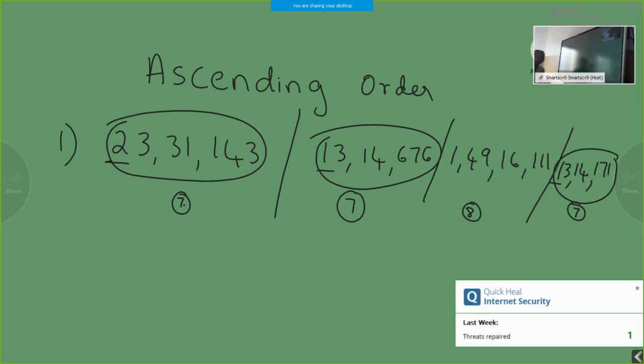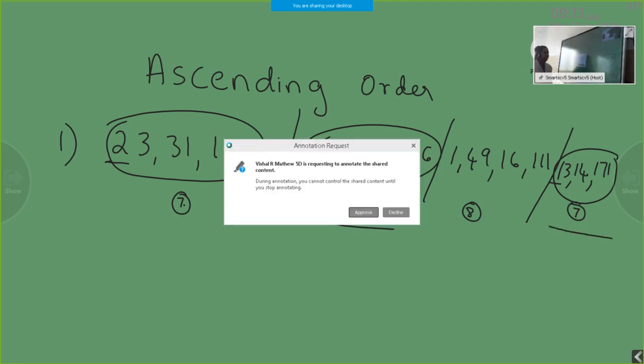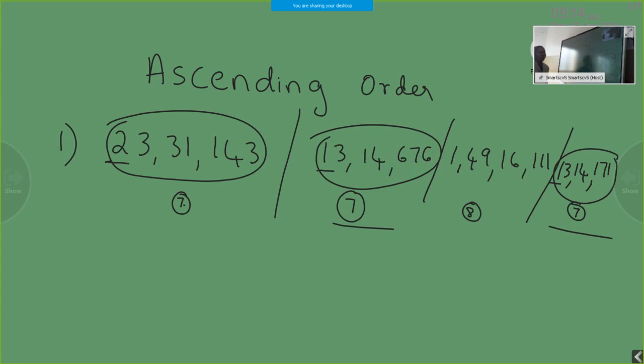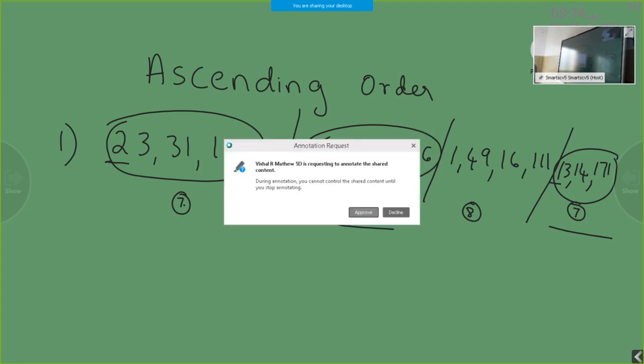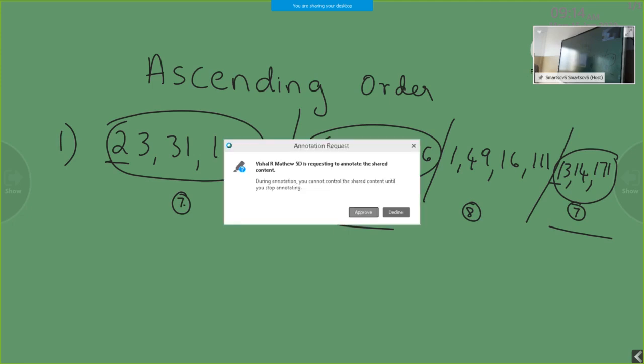But again confusion comes, because the second number and the last number have 1 as the leftmost digit. So in that case, what we have to do? Now we have to compare these 2 numbers to find out the smallest one.